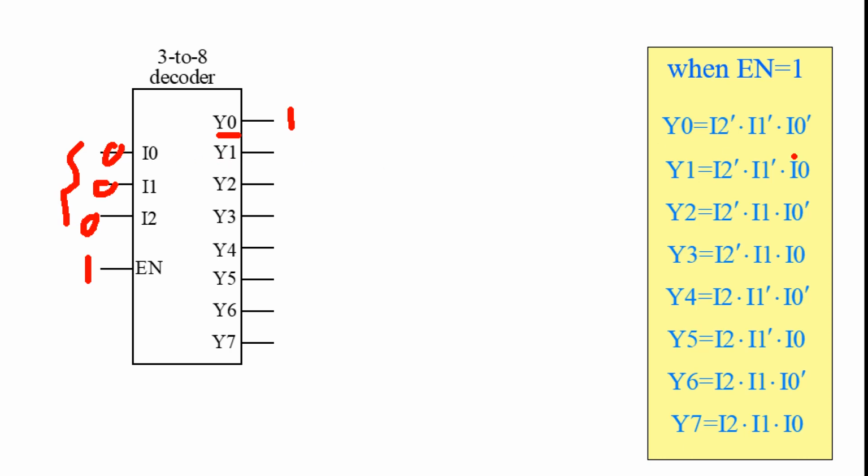That means you can write the expression as I2 prime, I1 prime, I0 prime. If I apply 0 0 1, y1 should be active, so you can write the expression for y1 as I2 prime, I1 prime, and I0, 0 0 1.